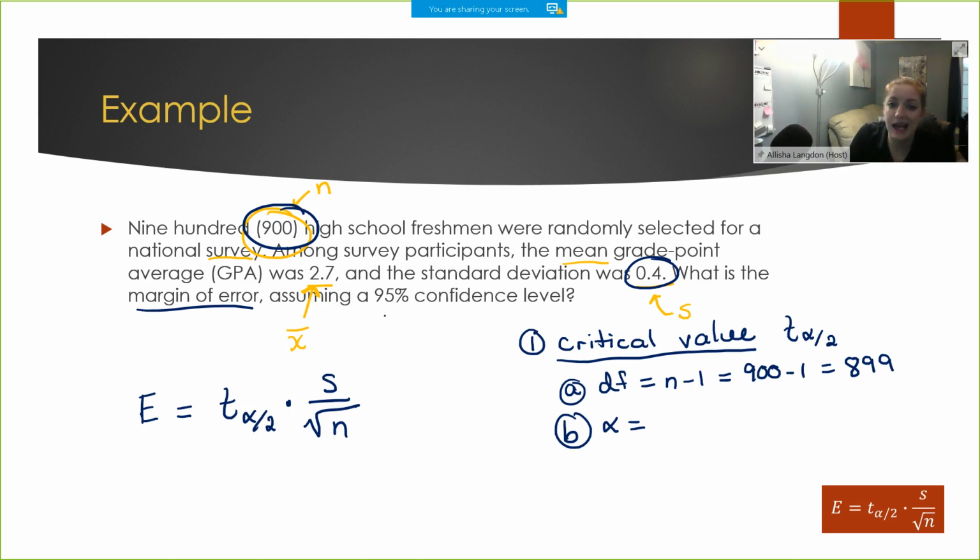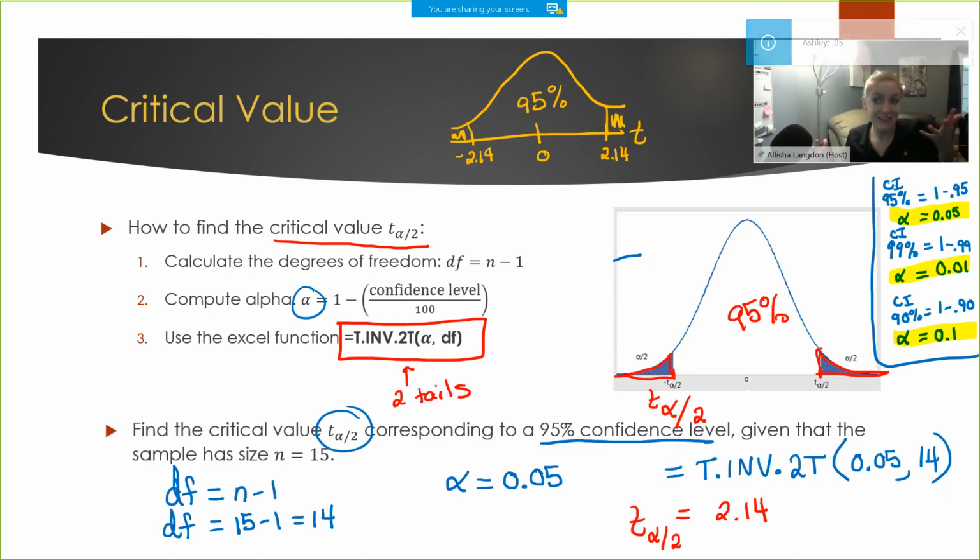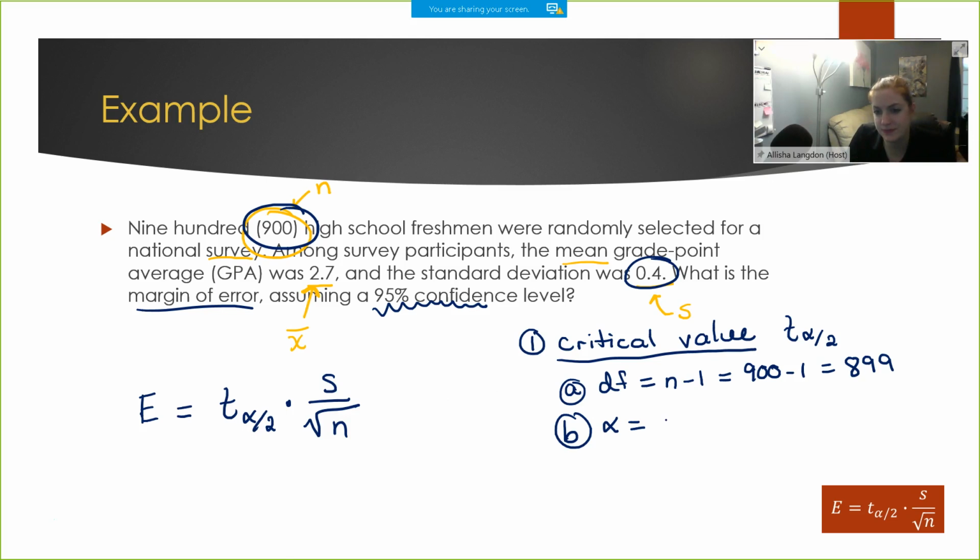Since we have a 95% confidence level, our alpha, if we go back to our chart here, which is awesome, you may want to write that down on a note card, wink wink, is 0.05. Now we can actually do our calculations.